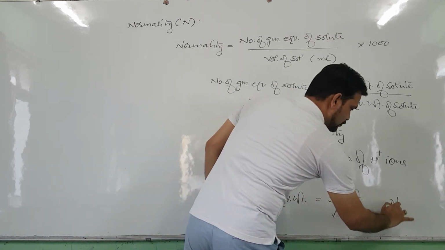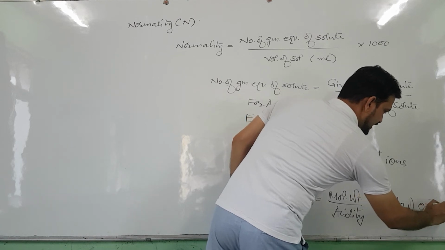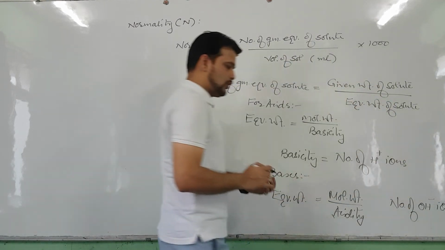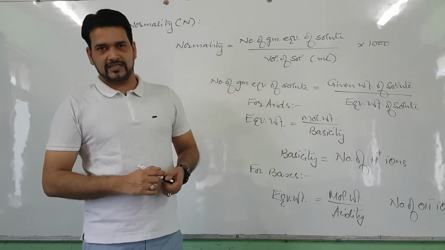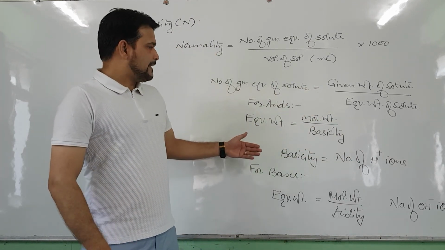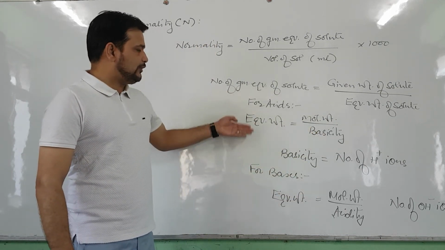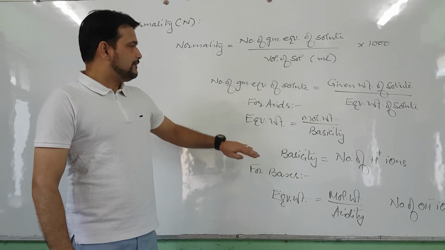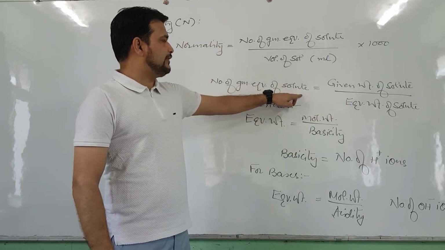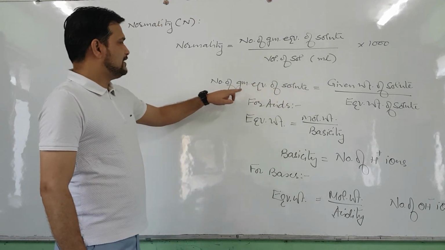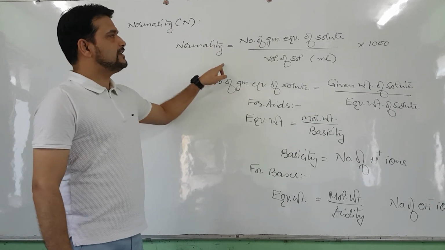It is equal to number of OH negative ions donated by the base when it gets dissociated. So from this acidity or basicity, equivalent weights are calculated. From equivalent weights we can calculate number of gram equivalents of solute, and from this we can calculate normality.